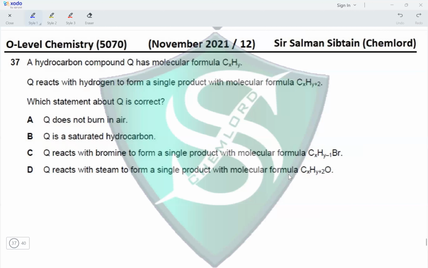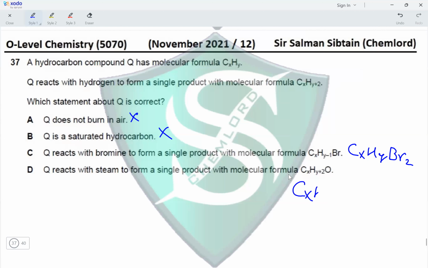C. Q reacts with bromine to form a single product with the molecular formula CXHY-1Br. No, if it reacts with bromine, it will form CXHYBr2. That is the product that will form. And Q reacts with steam to form a single product with the molecular formula CXHY+2O.